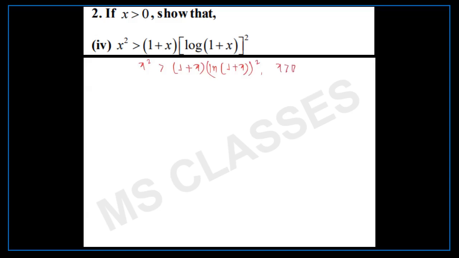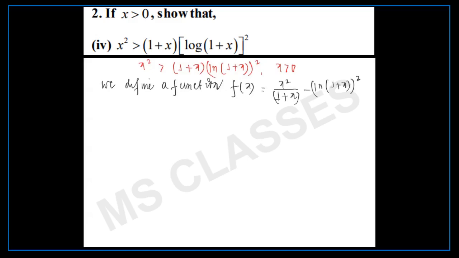Now here we define a function f(x) equals x square by 1 plus x minus ln 1 plus x whole square, x greater than or equal to 0.